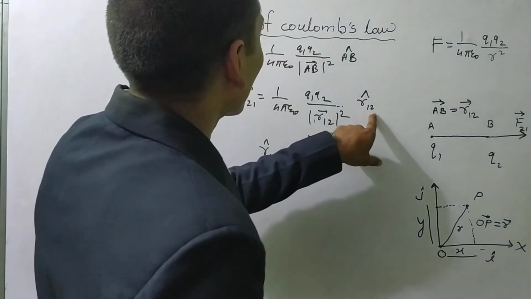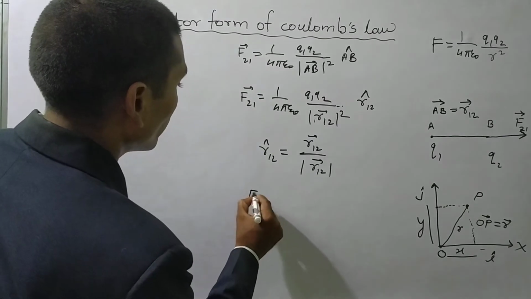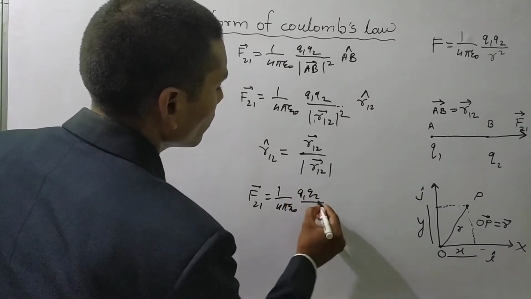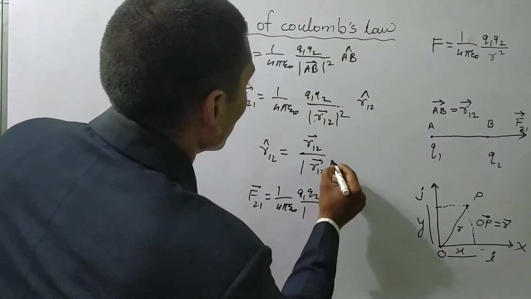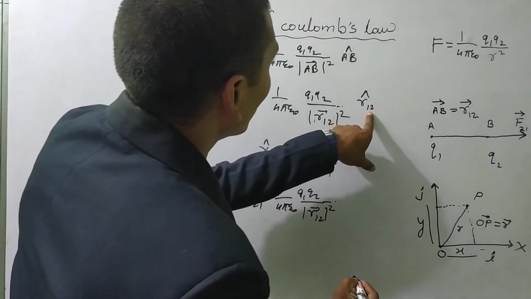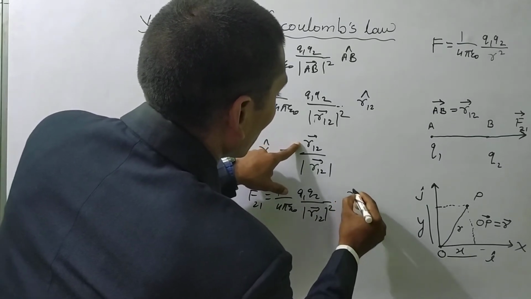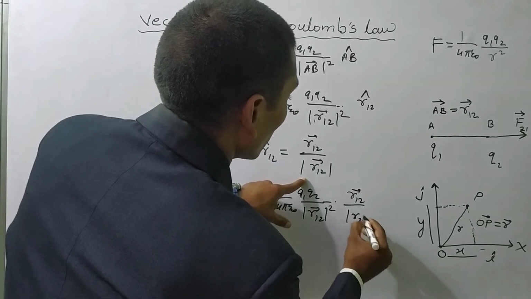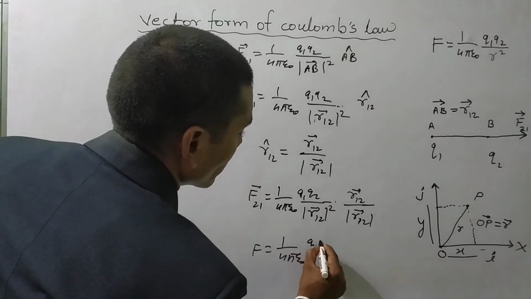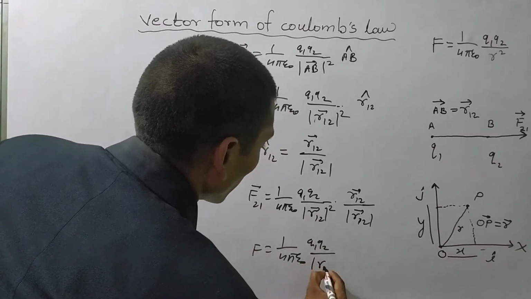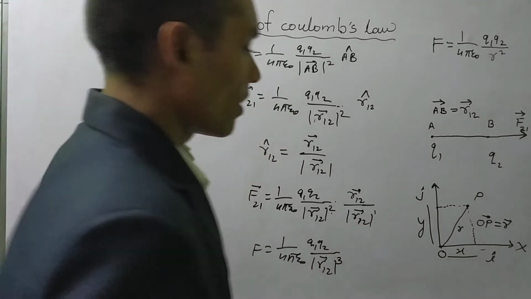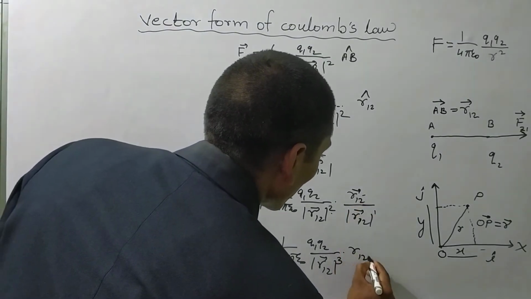So on putting the value of unit vector r12 in this equation, force F21 will be equal to 1 upon 4 pi epsilon naught Q1 Q2 upon the modulus of vector r12 squared, and on putting the value of unit vector r12 here, vector r12 upon modulus of vector r12, this will be, or F will be equal to 1 upon 4 pi epsilon naught Q1 Q2 upon modulus of vector r12 cubed, times vector r12.